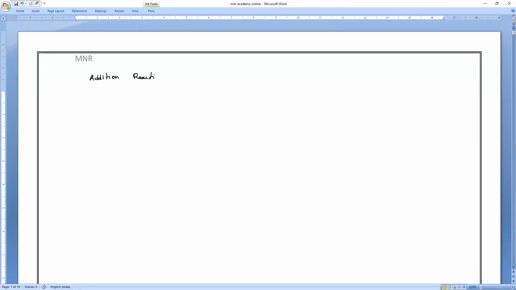What is the best example of addition reactions? Adding of hydrogen to the unsaturated hydrocarbons and converting them into what, everybody? Saturated hydrocarbons. So that is the best example, adding of hydrogen to the unsaturated hydrocarbons in the presence of a catalyst and converting them into saturated hydrocarbons.